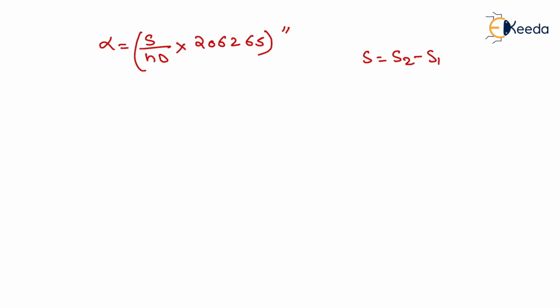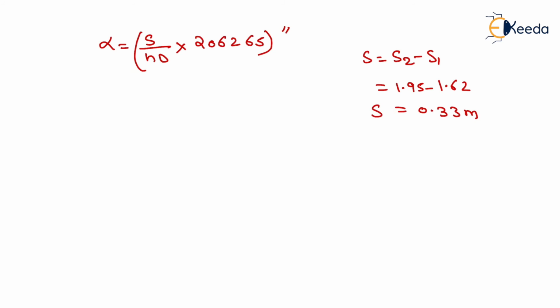Now we know that alpha will be equal to S upon nd into 206265 seconds. Now the value of S will be equal to S2 minus S1. It will be equal to 1.95 minus 1.62, which is 0.33 meter.